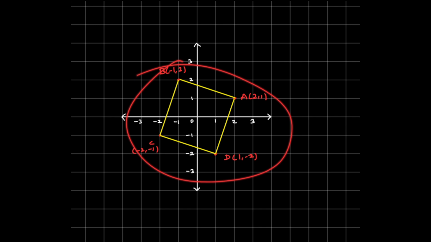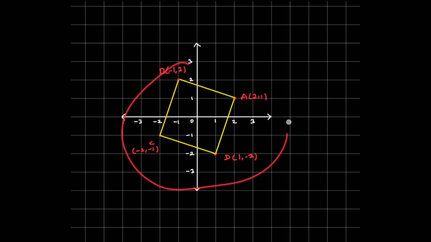In this graph it looks like a square, but from the graph we cannot conclude the answer. So we have to conclude the answer by using the distance formula. We know the properties of the square. In a square, all 4 sides are equal and also the diagonals are equal.